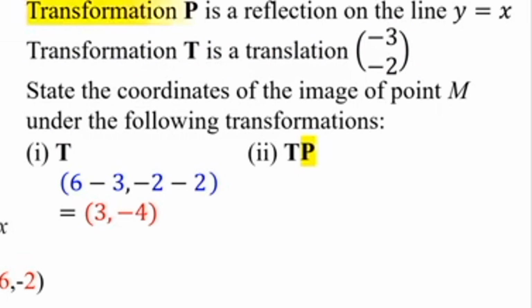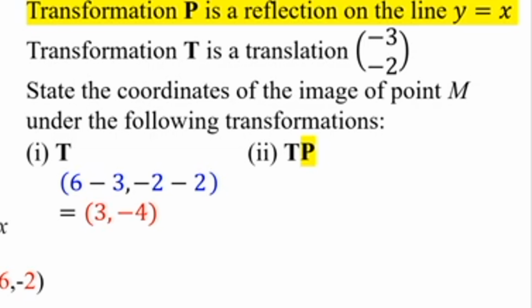So we will focus on transformation P, which is a reflection, and the line of reflection is y equal to x. So you need to draw out the line of reflection first before you can find the image for the object M. Okay, so let's have a look at the graph.